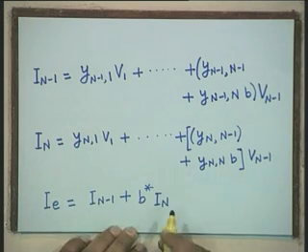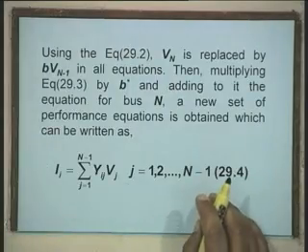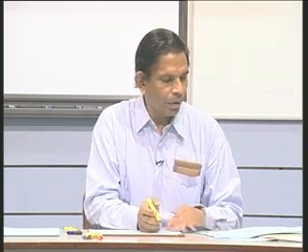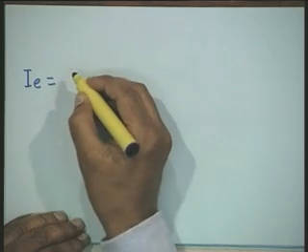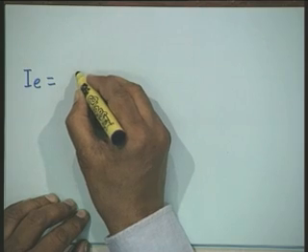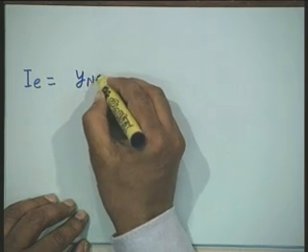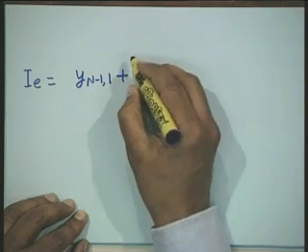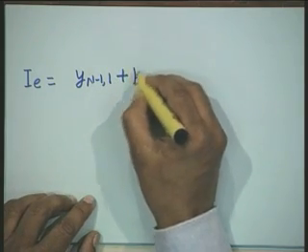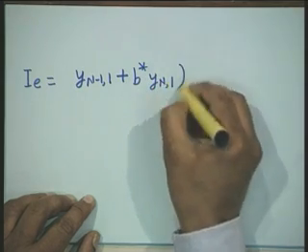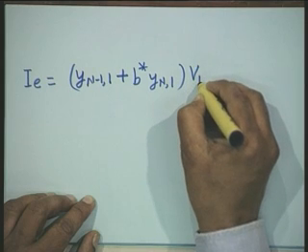Okay. Then you can write down I e equal to, I will write down only two terms, I e will be equal to y n minus 1 1 plus B star y n 1, multiplied by V 1.